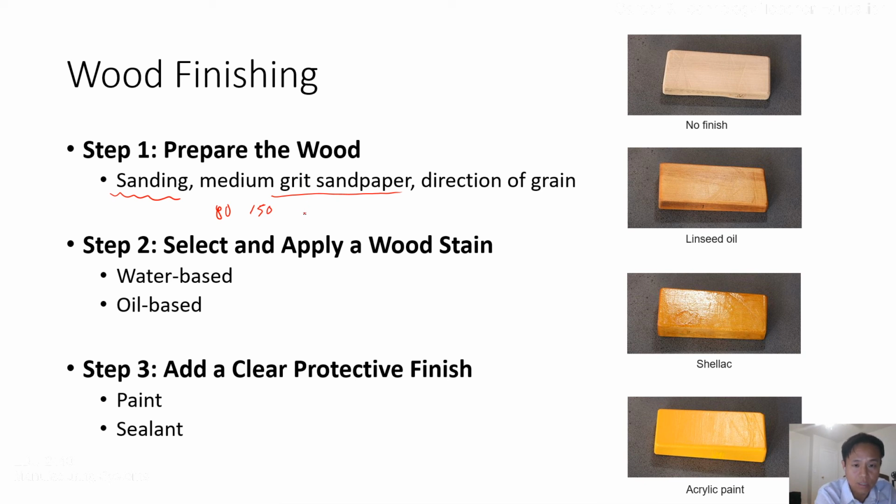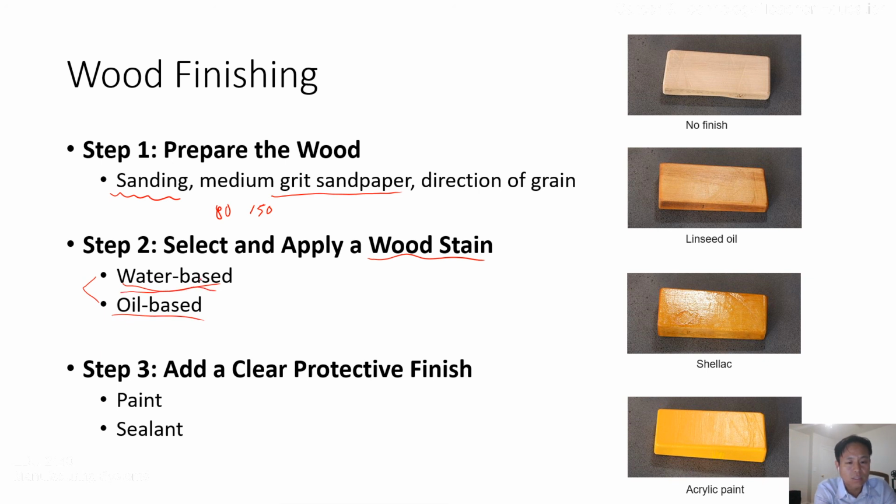That is very rough sandpaper. Then I select and apply wood stain. There are two types of stains. A stain is a kind of painting, but it penetrates the wood. The two types are water-based and oil-based.